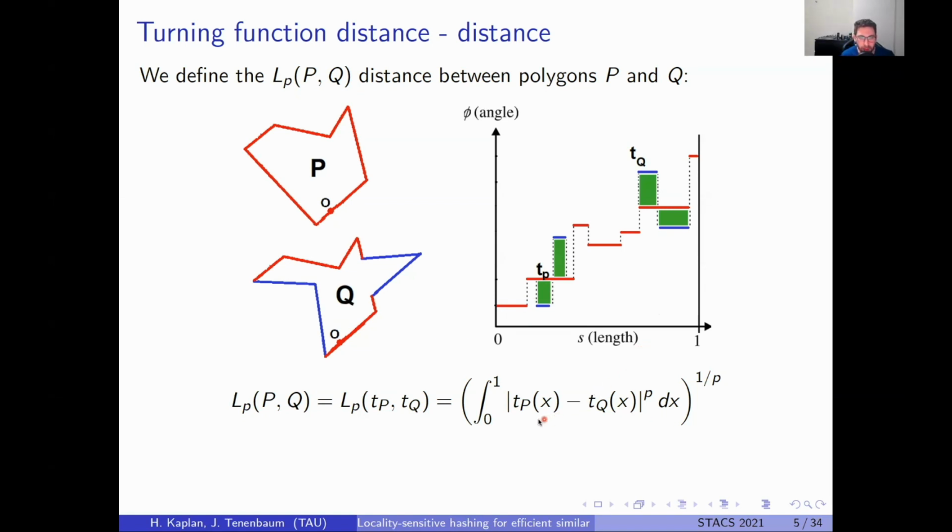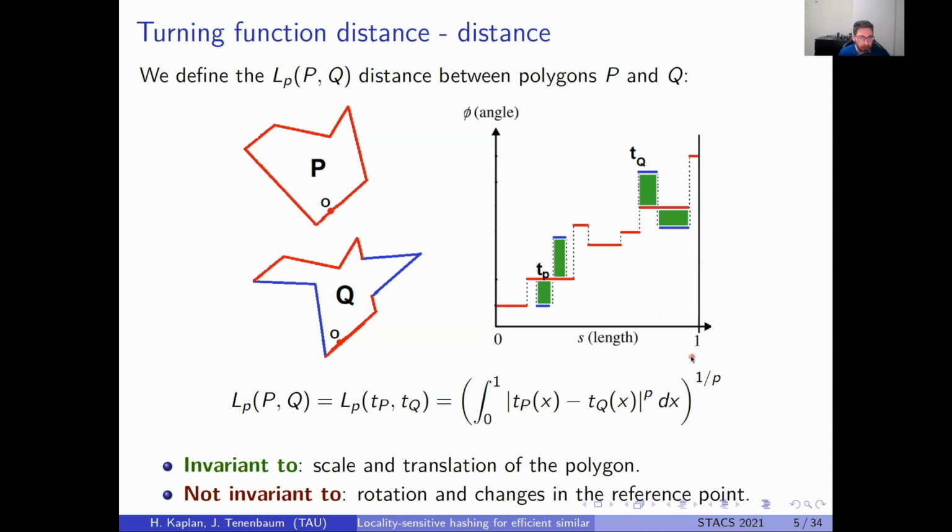That means the integral over the whole turning function of the absolute value difference between the turning functions of P and Q raised to the power of p, all of that raised to the power of 1 over p. Note that the L1 distance between the polygons is precisely the green area.